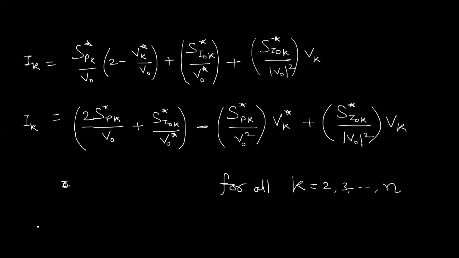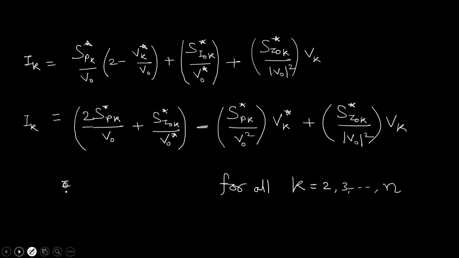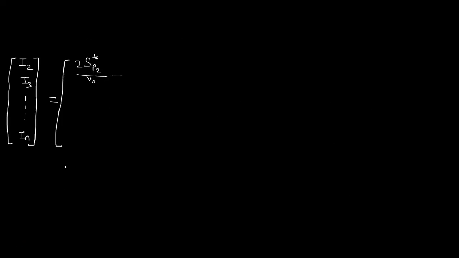So it is 2 SPk star divided by V naught, minus, sorry, plus I0k star by V naught star. This is corresponding to bus number 2.